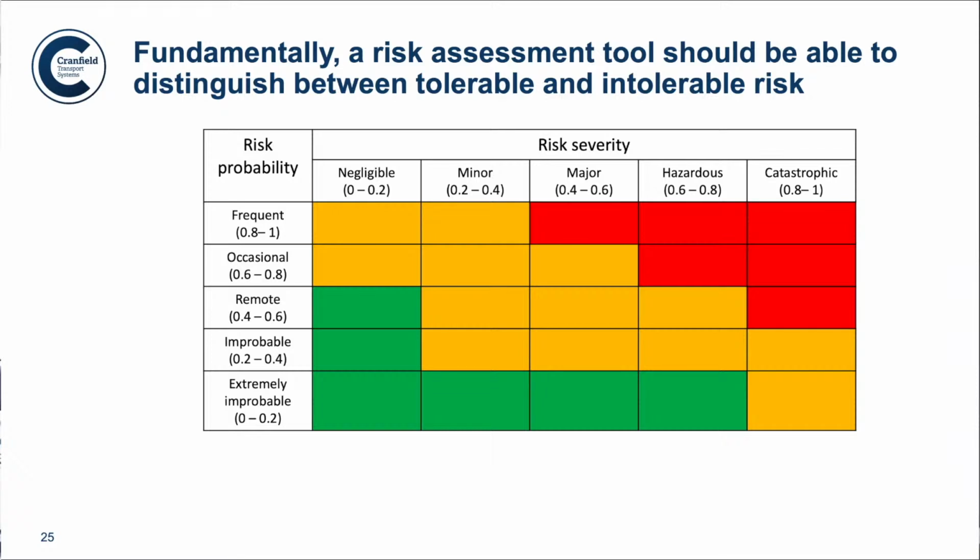So for example, let's look at the major block in the middle there going across the top. If we considered that to be a continuous scale, then major, let's say it's a continuous scale from 0 to 1, and likewise for the probability. So in terms of probability, we'd have 0, that it's impossible that the thing could happen, going all the way up to 1, which is definitely going to happen.